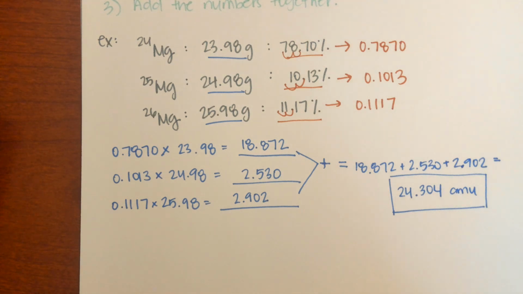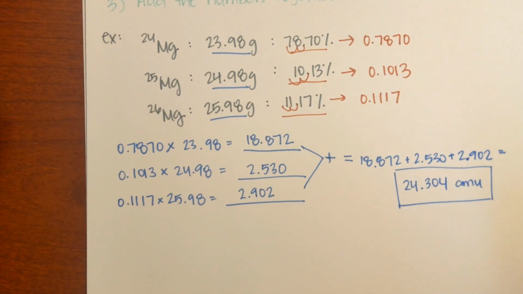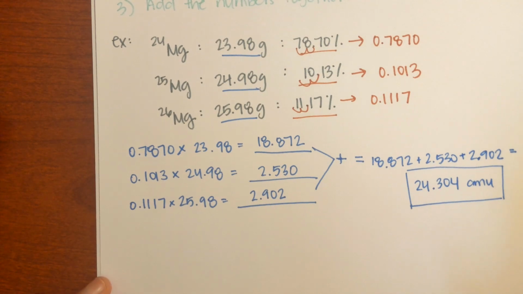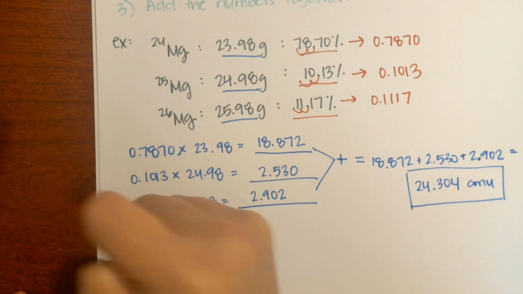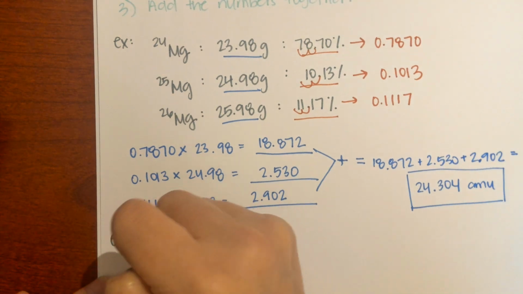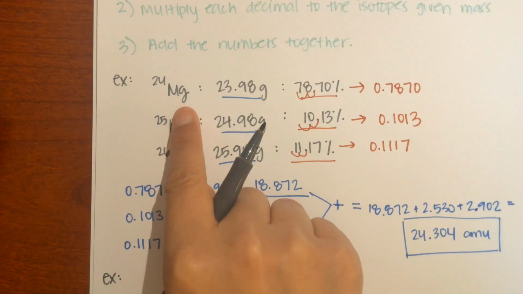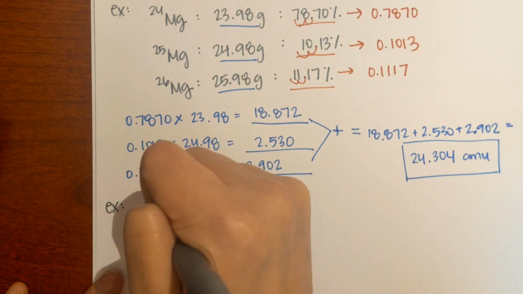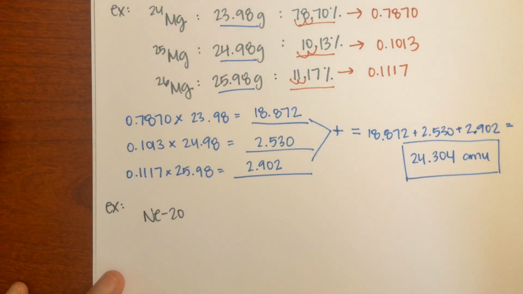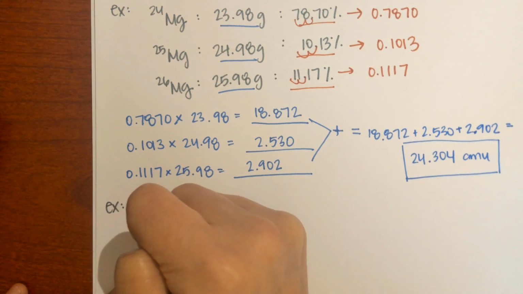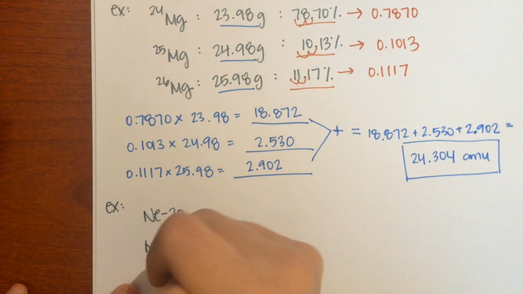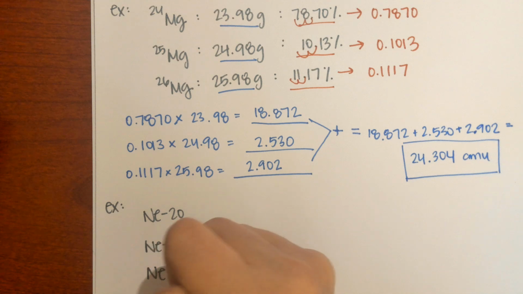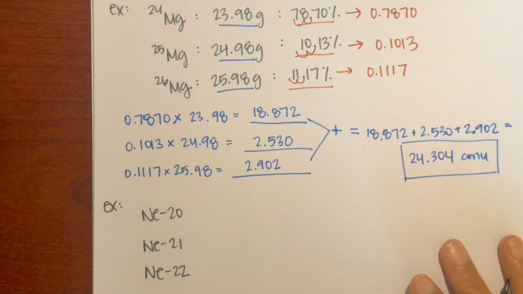I will give you another example and you will try on your own. You should pause the video, try it, and then play to check your work. This time I'm going to give you neon. I'm going to write the isotopes in hyphen notation, but again, the same process applies. So we have neon 20, neon 21, neon 22.